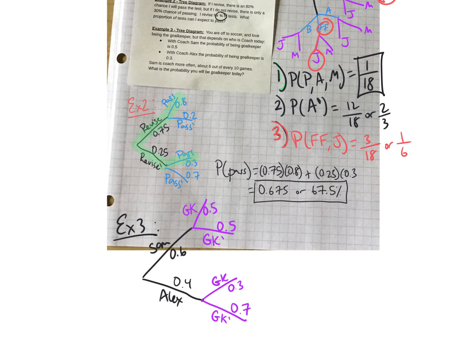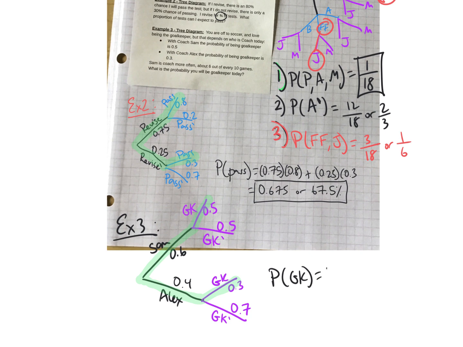So you're trying to figure out what's the probability that you'll be a goalkeeper today. So using probability notation, the probability that you're a goalkeeper today. Well, this is actually a really similar problem to example 2, where there's kind of 2 scenarios. Maybe Sam's going to be a coach and you'll be goalkeeper, or Alex will be a coach and you'll be goalkeeper. So you'll multiply those and add them together.